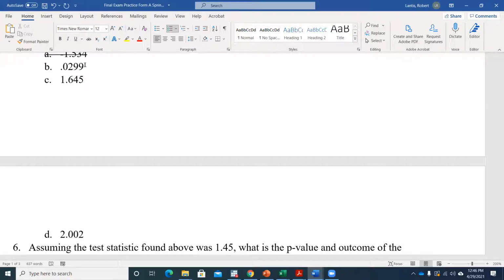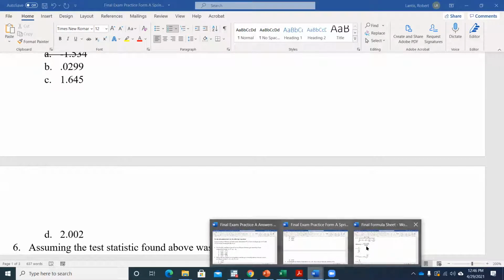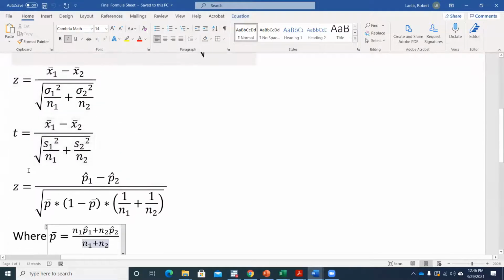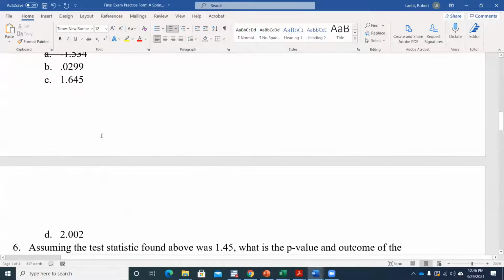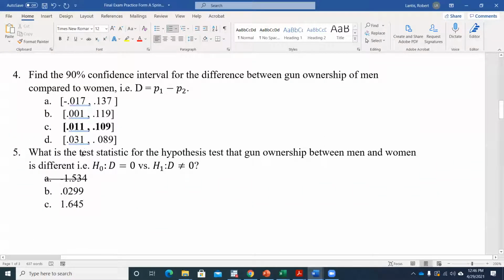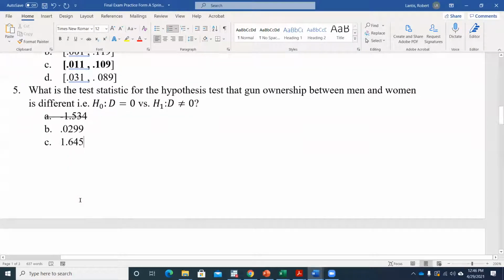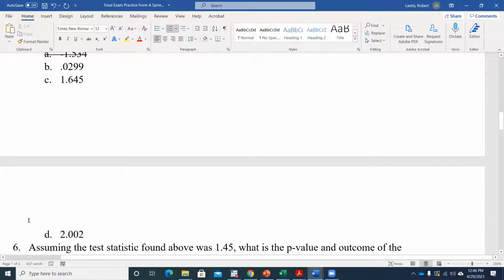Remember, our test statistics still represent Z and T values, so it's the number of standard deviations away from that assumed true difference the sample difference we found was. Our sample difference was 0.06. If we're thinking about proportions, the largest difference we could ever find is 1, where one is 0 and one is 1. So 0.06 isn't that small. So I'm guessing that's going to be a little bit more than 0.03 standard deviations away from that assumed true difference. So if I was to guess, I'm probably going to guess either C or D here.